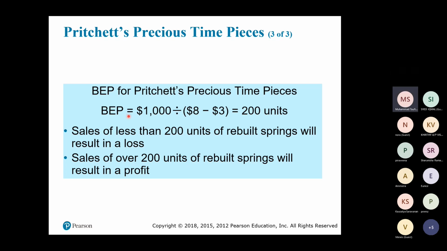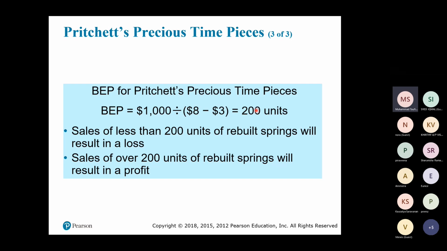Now you replace the values of S, F, and V. So your break-even point is $1,000 divided by ($8 - $3), and you will get 200 units. So what does this number represent? This number represents your borderline.